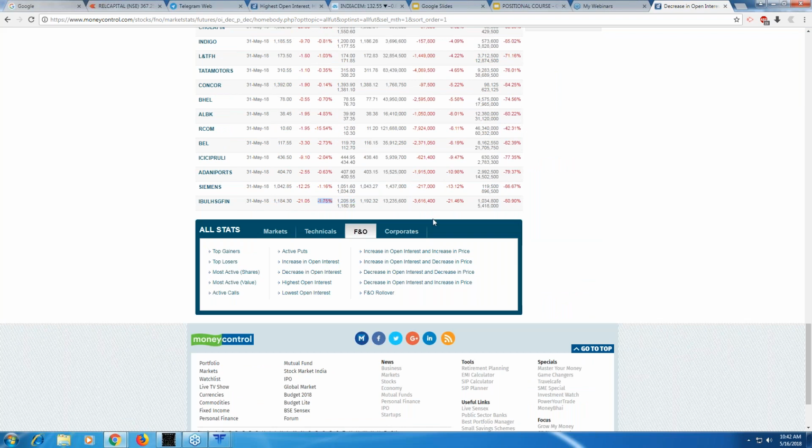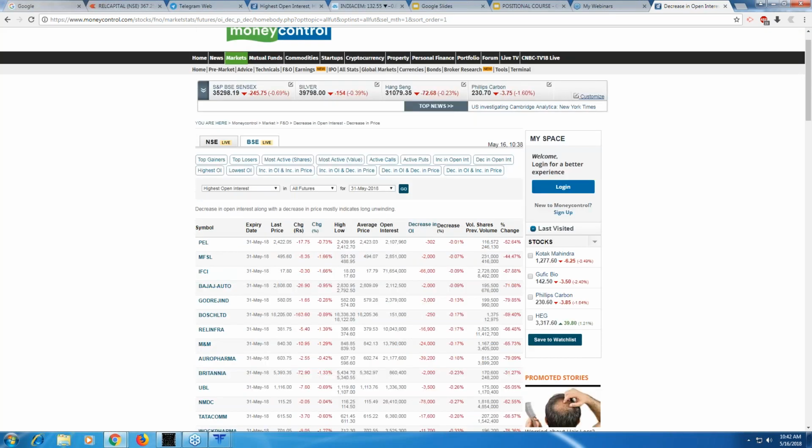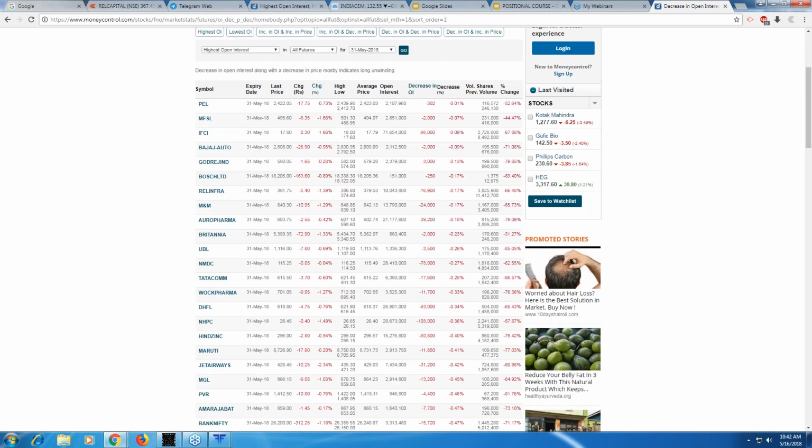Look at it from the top: PEL, MFSL, IFCI, Bajaj Auto, Godrej Industries, Bosch, Reliance Infra, right? It says decrease in open interest along with decrease in price mostly indicates long unwinding. So Oro Pharma is one example I can show you.